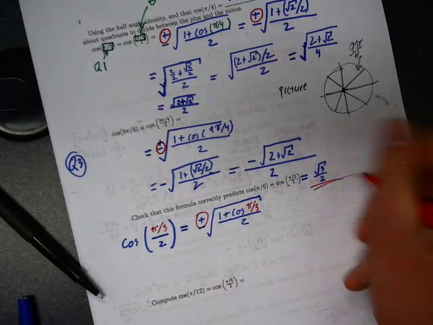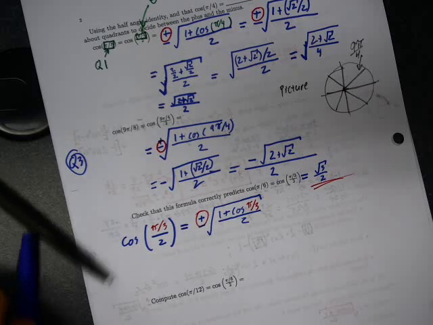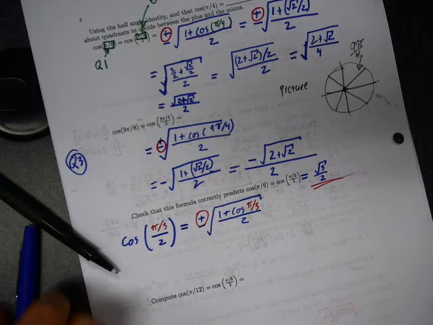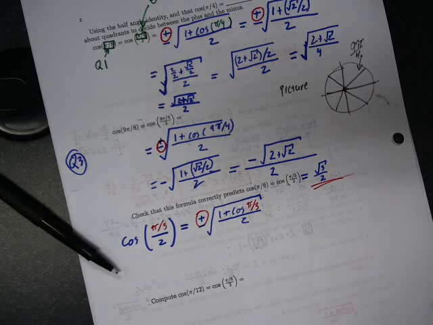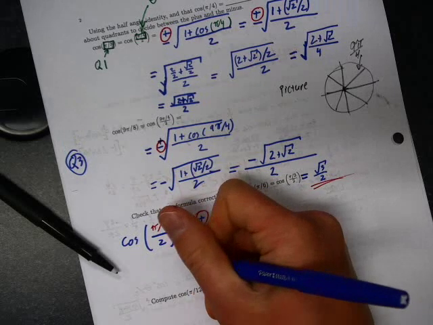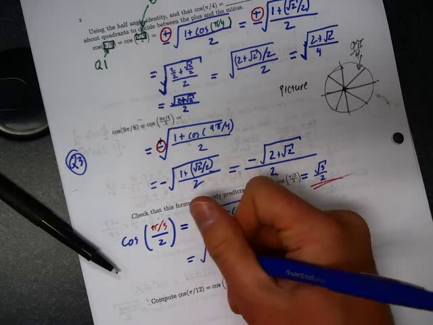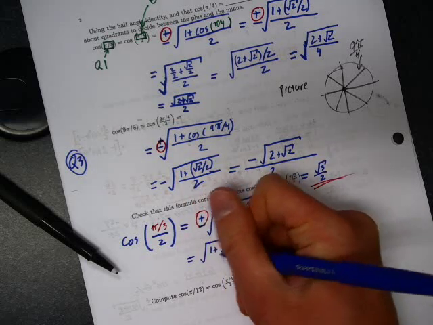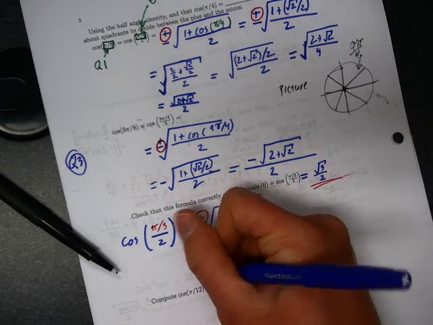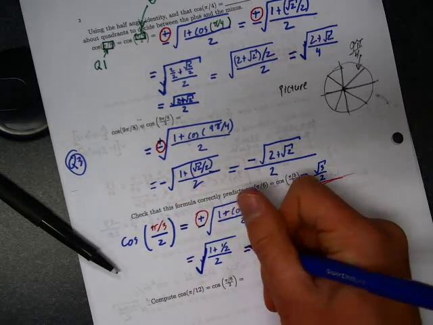And I guess we already knew what the answer had to be, so it couldn't possibly have been the negative, because we already knew what the answer had to be. What's the cosine of pi over 3? 1/2. So we should get positive the square root of 1 plus 1/2 all over 2 with all of that under the square root.